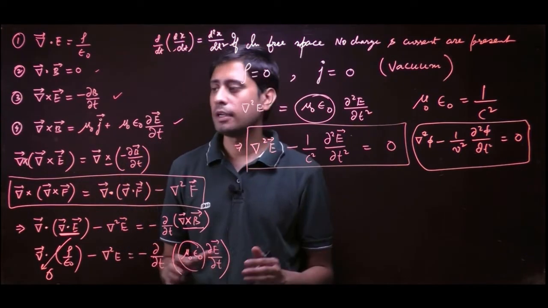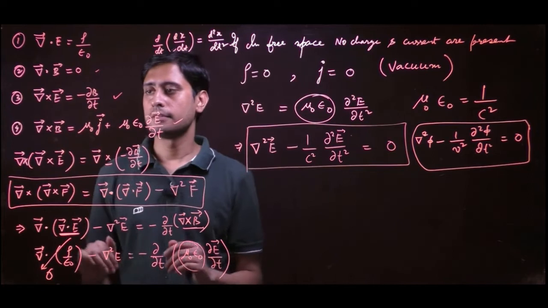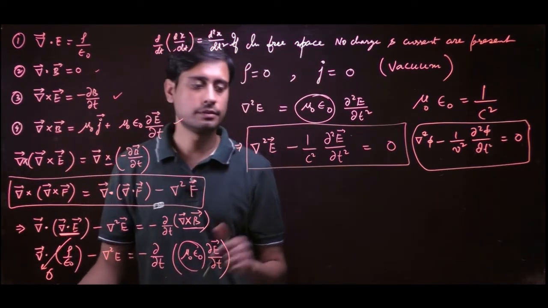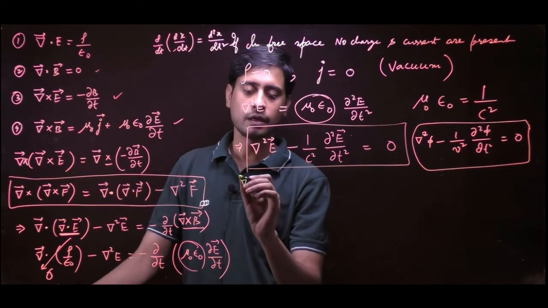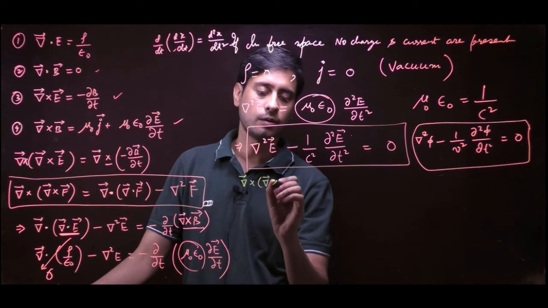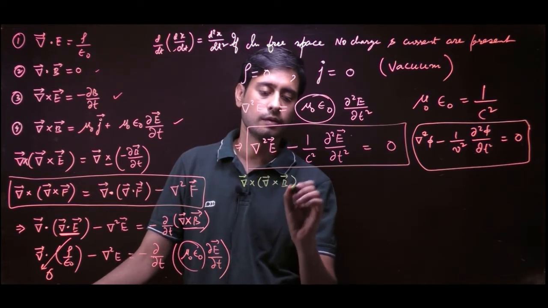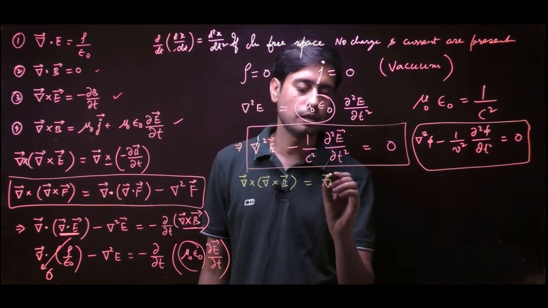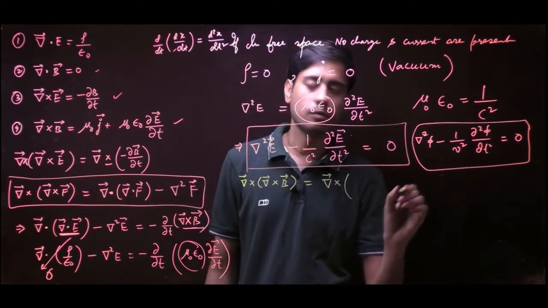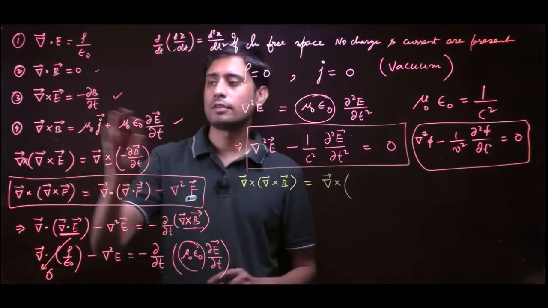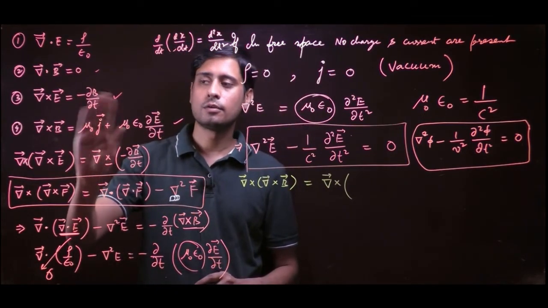Similarly, for the fourth equation, we will take the curl of this equation. So the curl, del cross B, should be equal to del cross, now you don't need to write these two terms because J is 0, so this term already goes off.